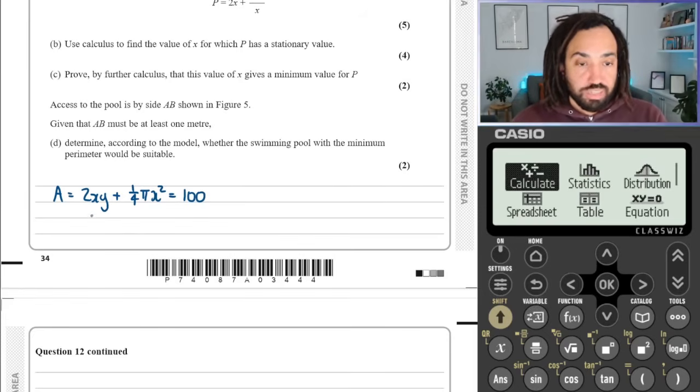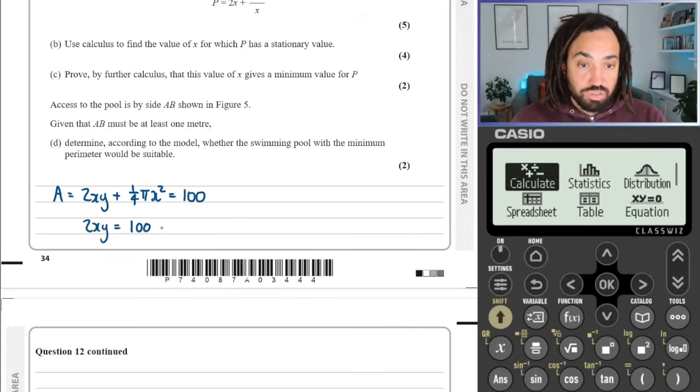Okay, great. So now we can rearrange that for y, because y is the variable we want to eliminate, because remember we want the equation for the perimeter in terms of x. So let's just do that now. 2xy is equal to 100 minus a quarter pi x squared.